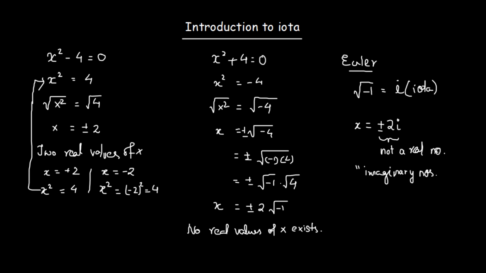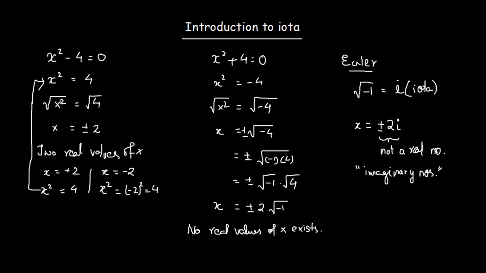Now for the time being, we'll not go into the history behind how this imaginary number concept was introduced, but we're going to work on some problems so that once we get familiar, then we will delve deeper into the concept of imaginary numbers.